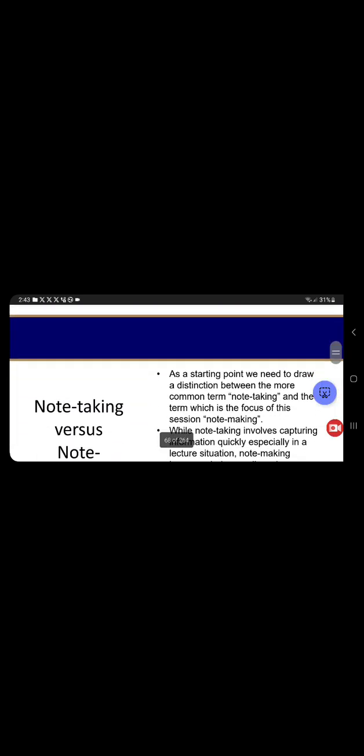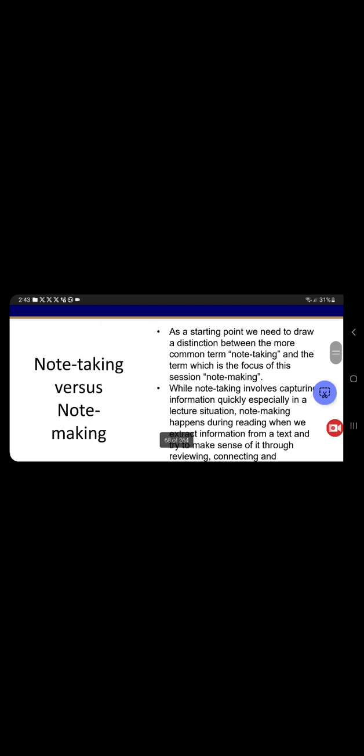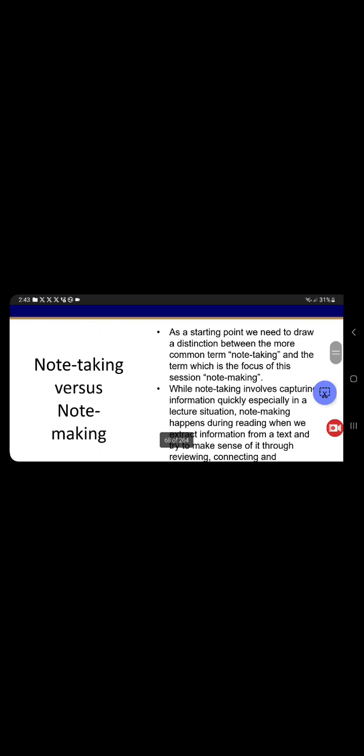So now let's differentiate between making a note and taking a note. When we say someone is taking a note, what does it mean? As I've already said, there are differences between the two. Taking a note and making a note is not the same. Taking a note means capturing information quickly, especially in a lecture situation.